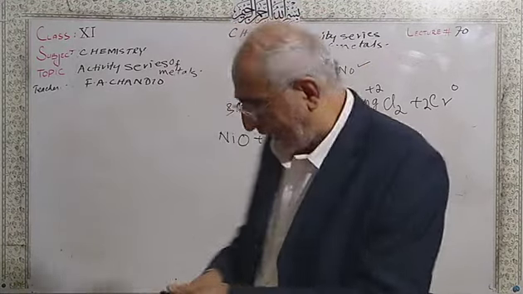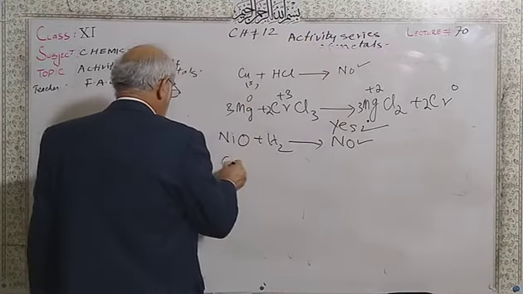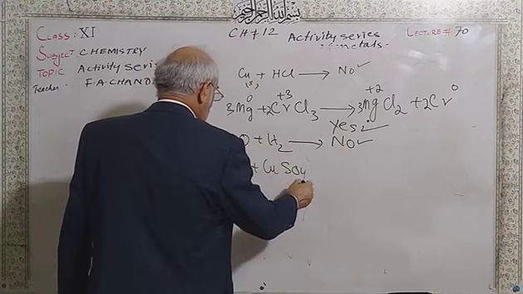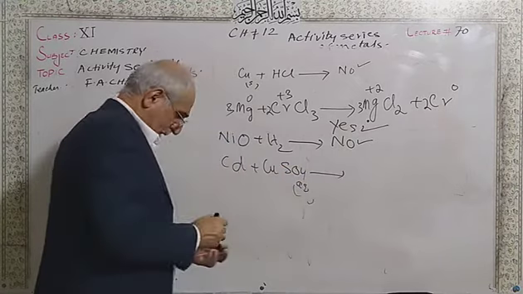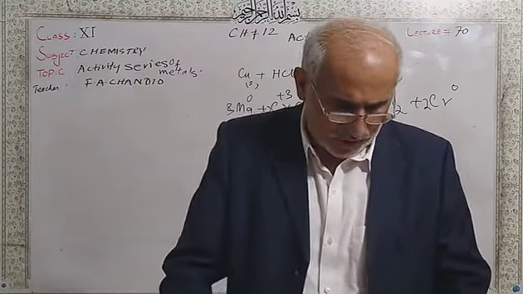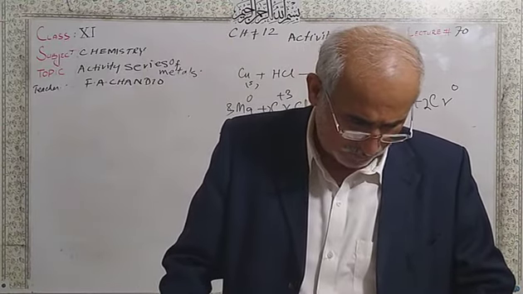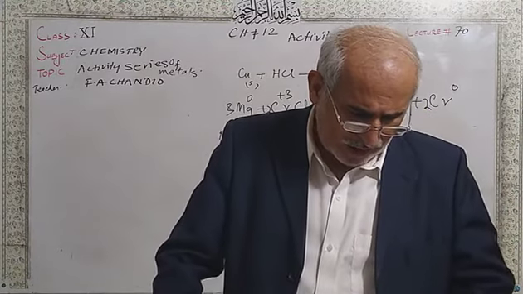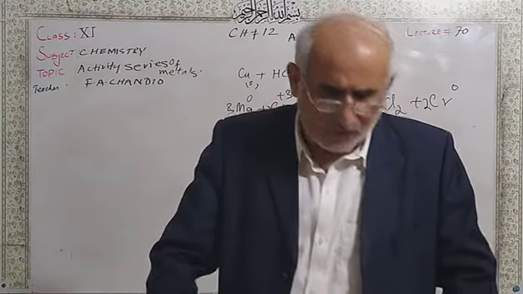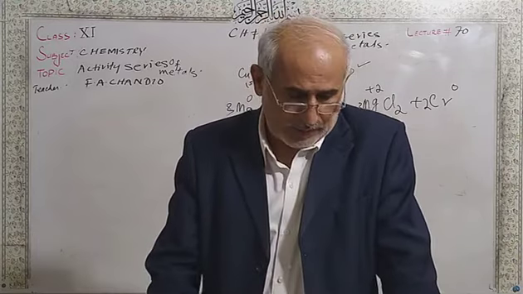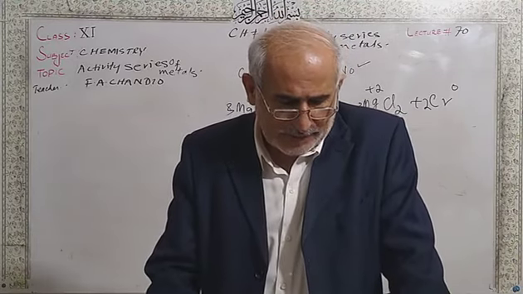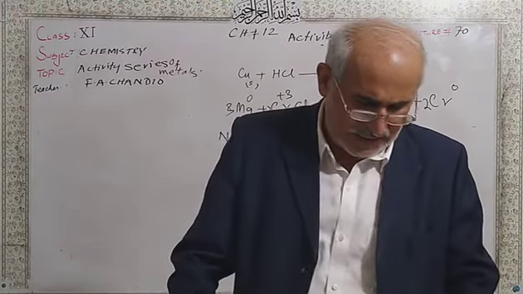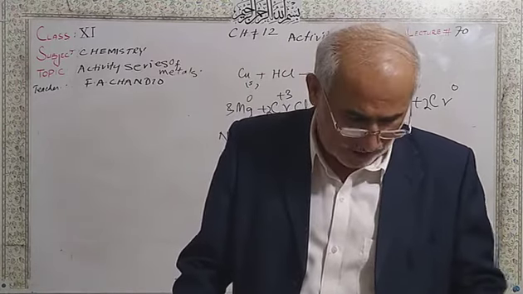Cadmium and copper sulfate. Is this chemical reaction feasible or not? Yes, because cadmium is the last element of group 2, metals of intermediate activity: magnesium, aluminum, manganese, zinc, chromium, iron, cadmium last.